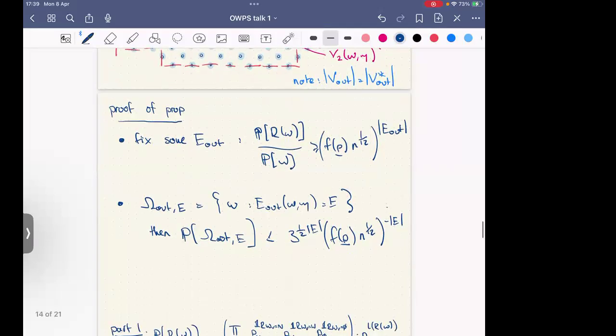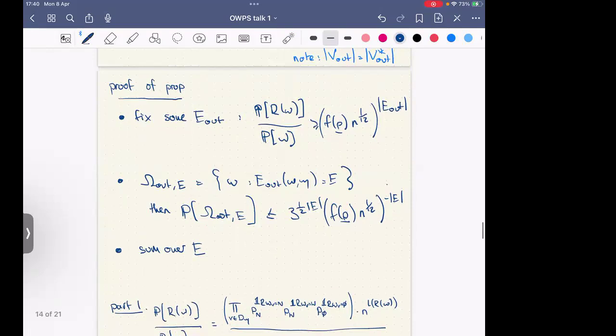So in particular, this is small when n is large. This is some fixed thing depending on p, only dependent on the lattice and not on the domain. And then the last step will be to sum over the possibilities for E which realize this E out.